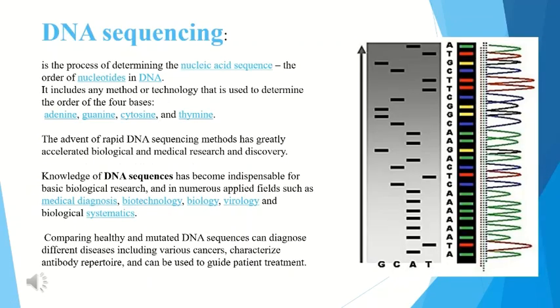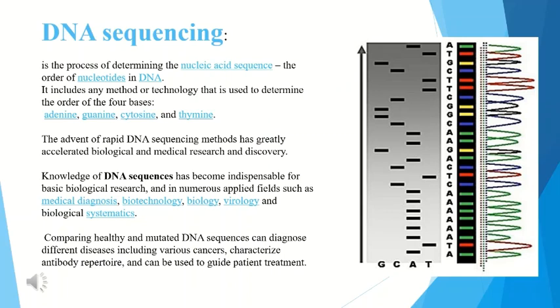DNA sequencing is the process of determining the nucleotide acid sequence, the order of nucleotide in DNA. It includes any methods or technology that is used to determine the order of the 4 bases: adenine, guanine, cytosine, and thymine, that you can see in this picture.